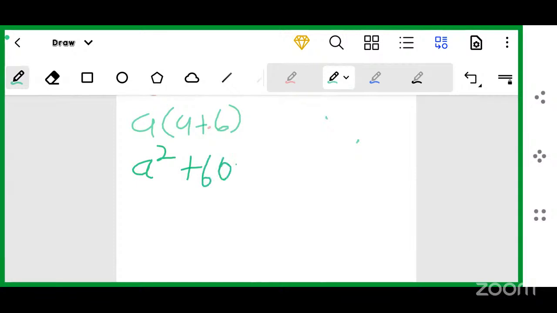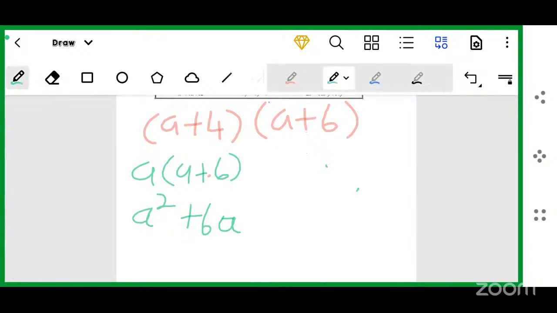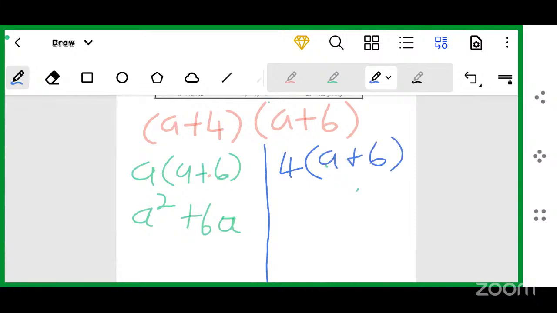Sorry, my a looks ugly there. So it's 6a. Oh, better looking. So, Langelisha, now we have our 4 into a plus 6. What is 4 times a? Ma'am, it's 4a. Perfect. So we write our plus 4a.